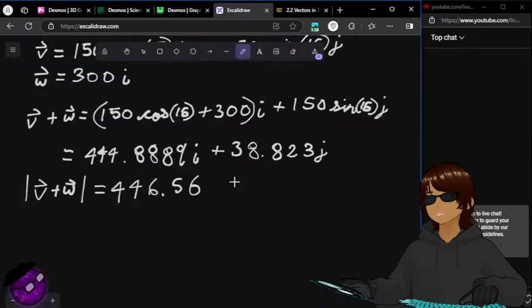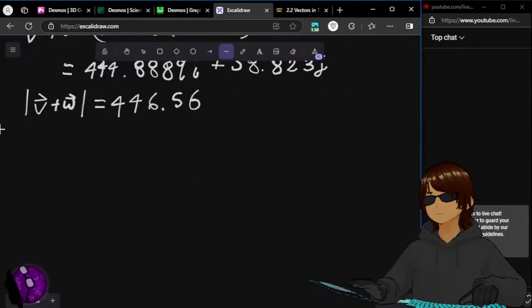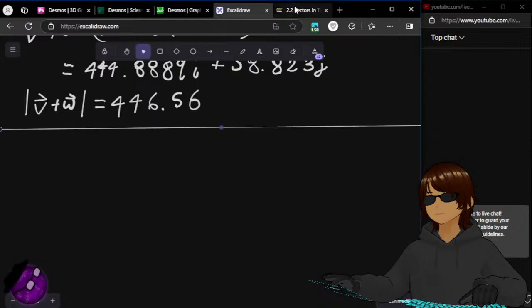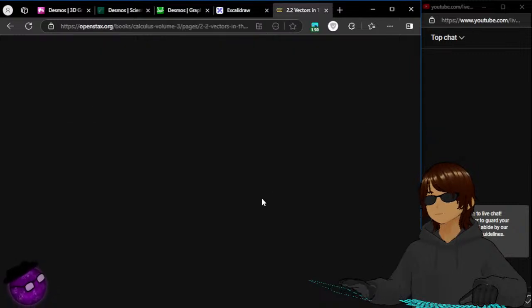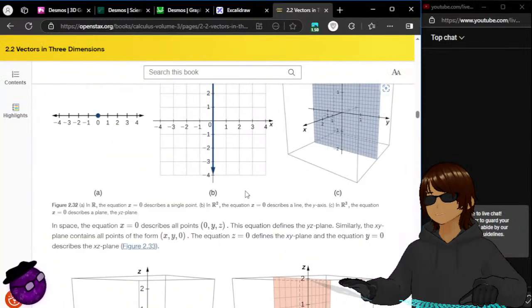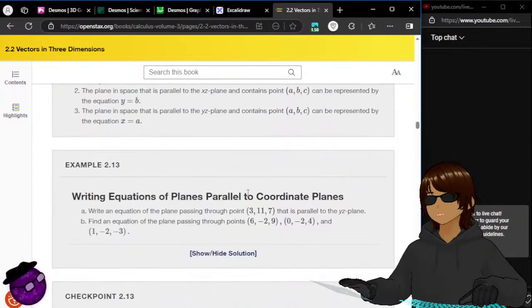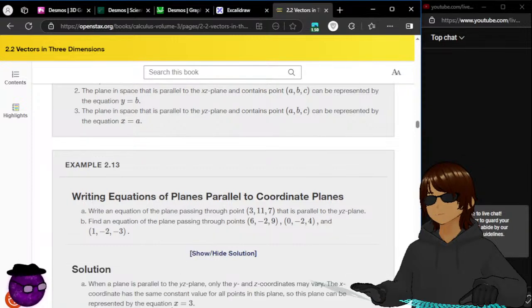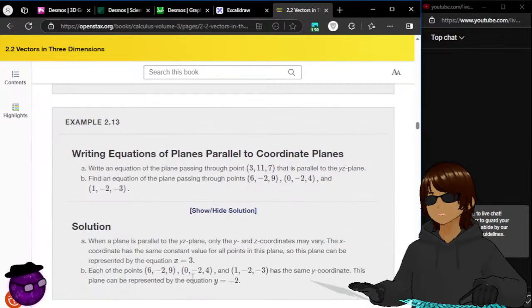I guess that would just be x is equal to 3, right? Can be represented, yeah.